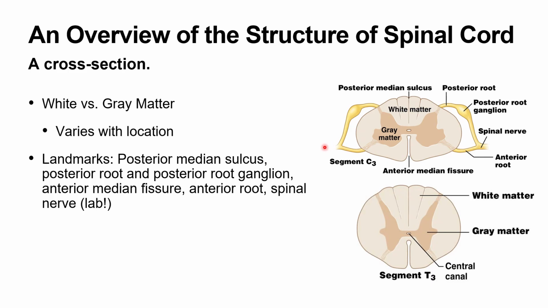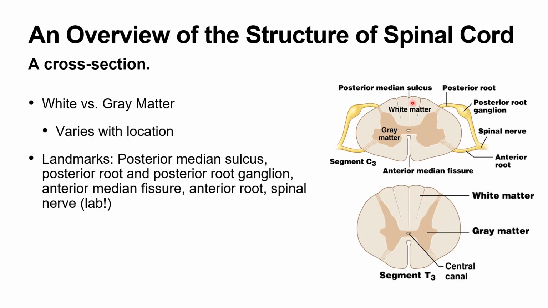So the first thing to note of our spinal cord structure is that we have the differentiation between white matter and gray matter. The white matter, if you remember from our previous chapter, is the area which is heavy in myelin.